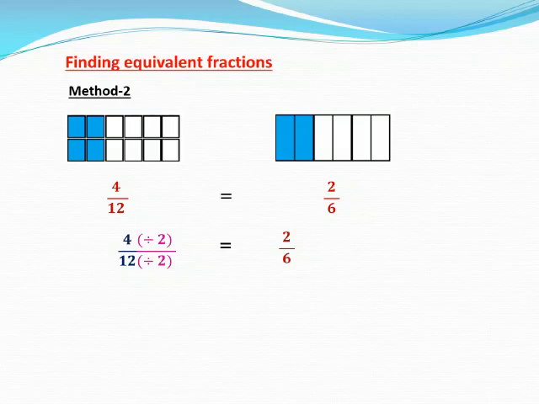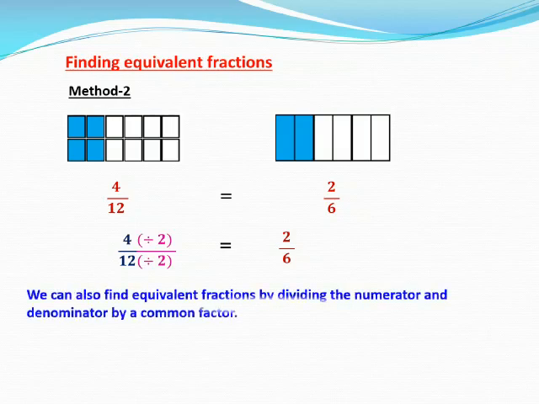Here we have divided numerator and denominator by same number 2. So, what can we understand from this example? We can also find equivalent fractions by dividing the numerator and denominator by a common factor. What was the first method? We can find an equivalent fraction by multiplying the numerator and denominator by same number, right?